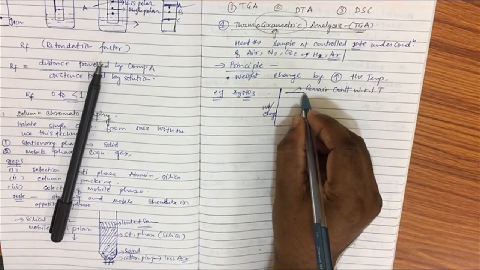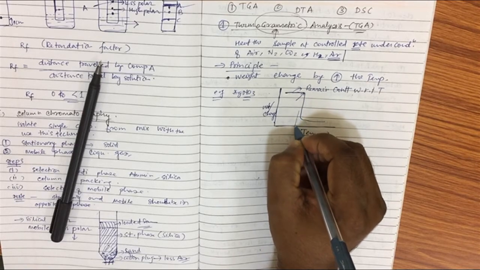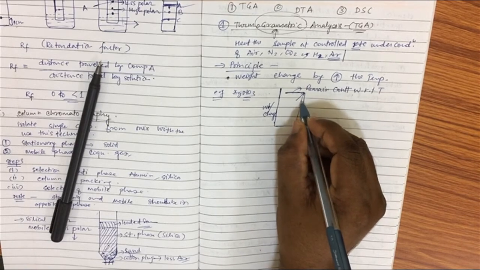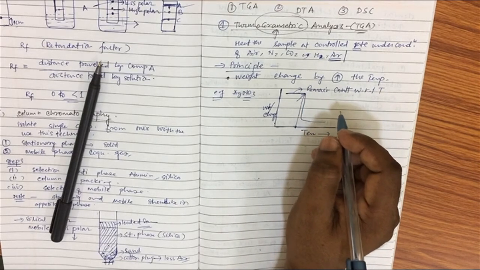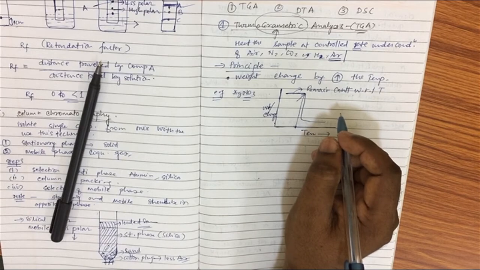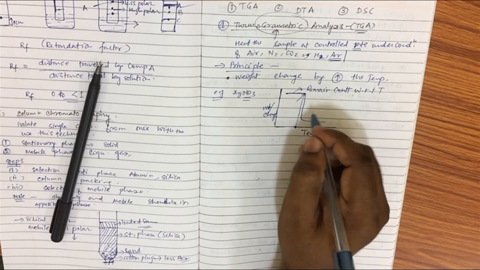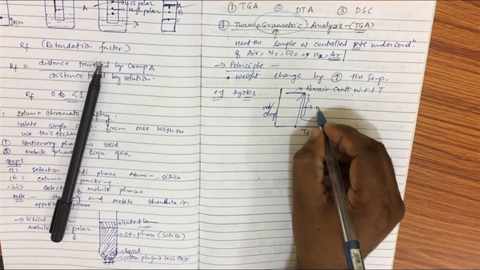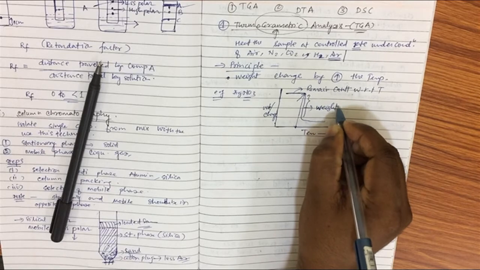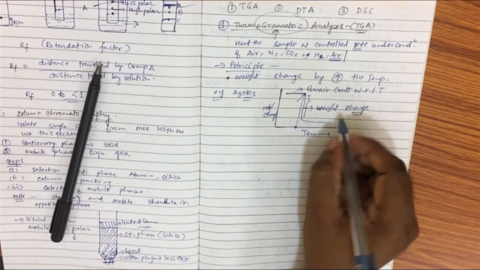But at this point, at this temperature, AgNO3 melts or decomposes, and you can see the change in mass or weight.